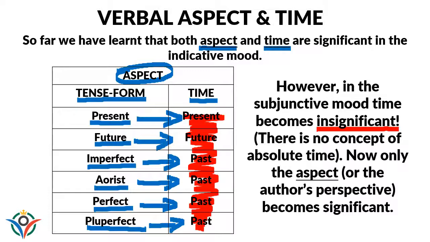And that is undergirded by the fact that there is no concept of absolute time in the subjunctive mood. Now only the aspect becomes significant. All right, so that is one of the biggest differences between the indicative mood and the subjunctive mood. In the subjunctive mood, we now are going to give our primary attention to the aspect and not to time.